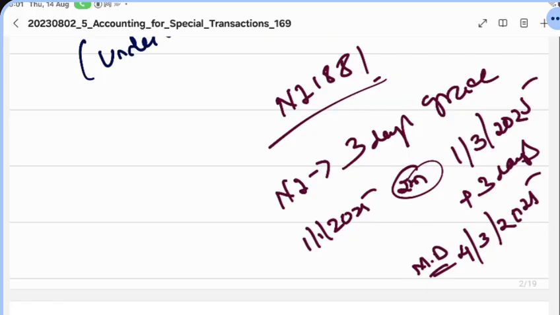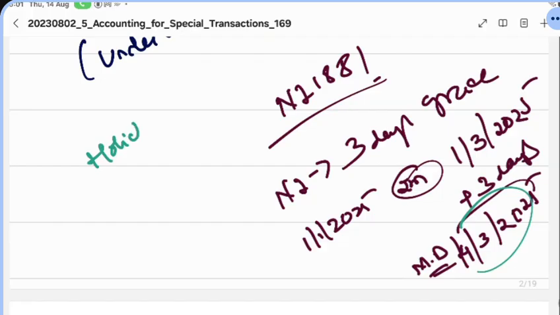Due date is without adding grace days. Maturity date is after adding the grace days.